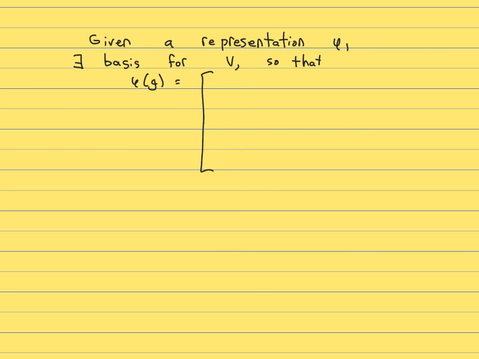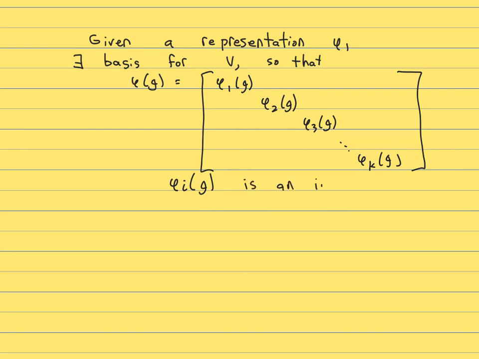In particular, you can get it so that you get a bunch of submatrices on this diagonal. And the point is that each of these submatrices is an irreducible representation, which means there's no way to factor them further as upper triangular matrices.